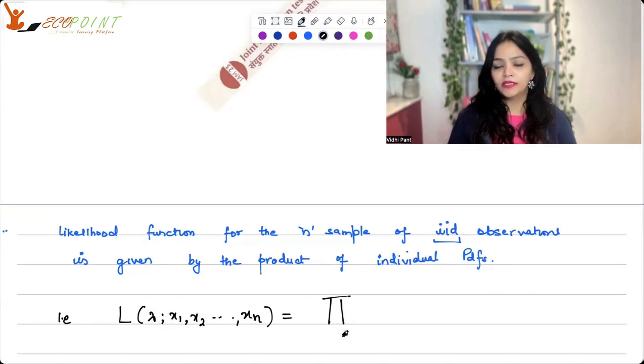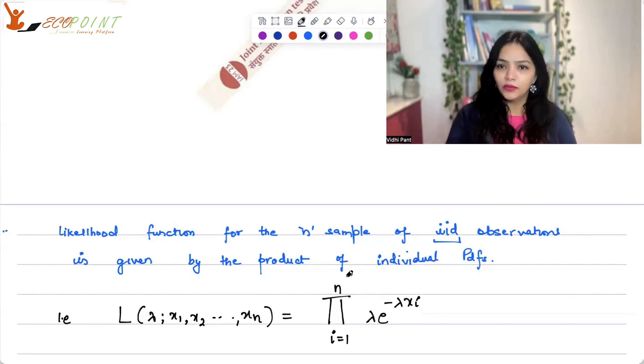The symbol for product is this, with i going from 1 to n of the PDF that you have. Now the PDF is lambda e to the power minus lambda xi.